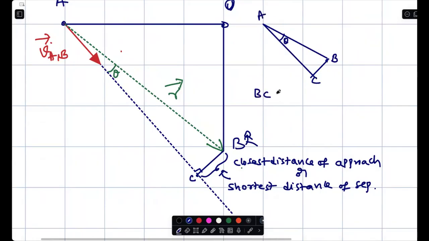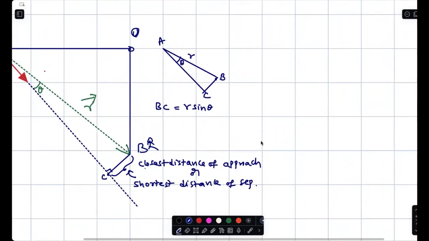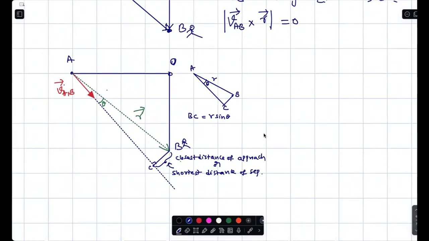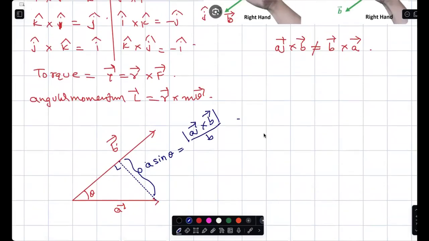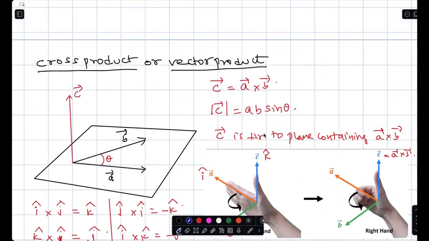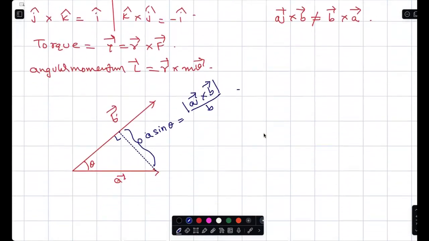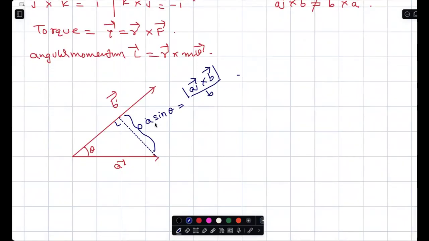BC is, this is R sin theta. That is the shortest distance of separation. But vectorially, how to get R sin theta? Just now I have given. From cross product, I have given. If any time you want R sin theta component, like A sin theta, if you want, you do this.